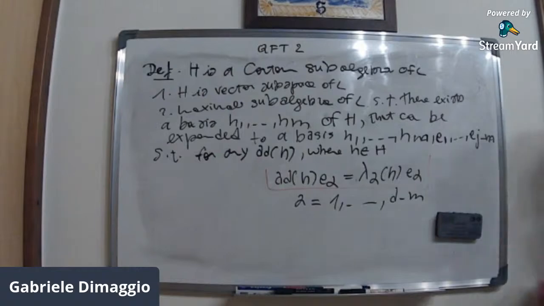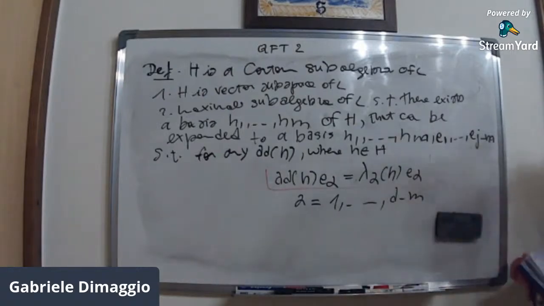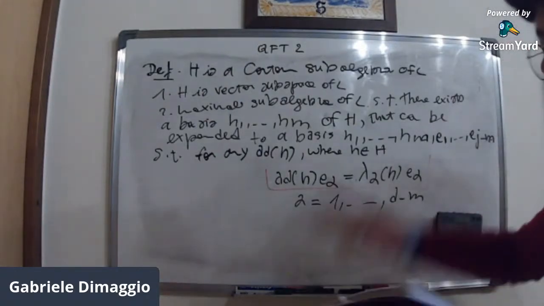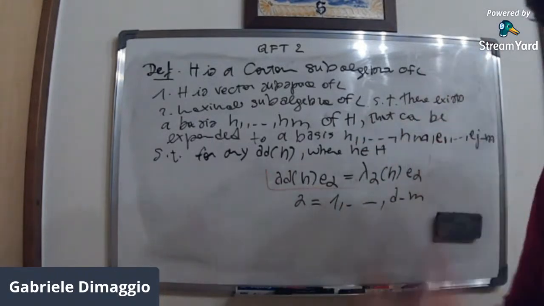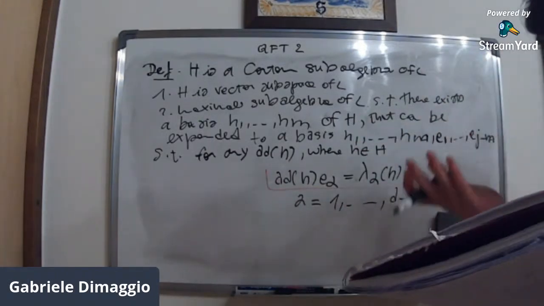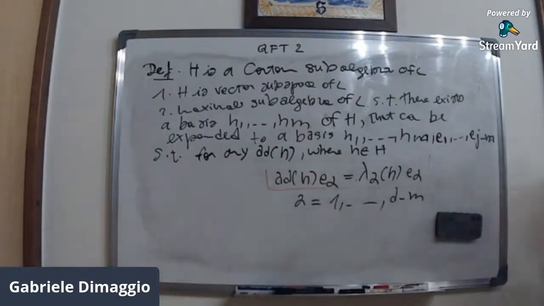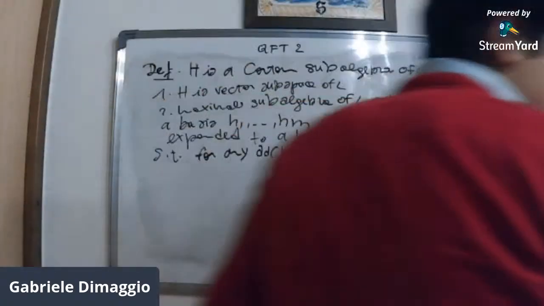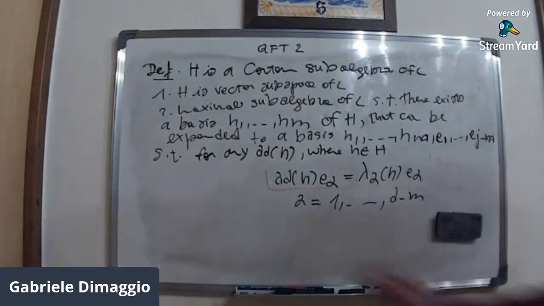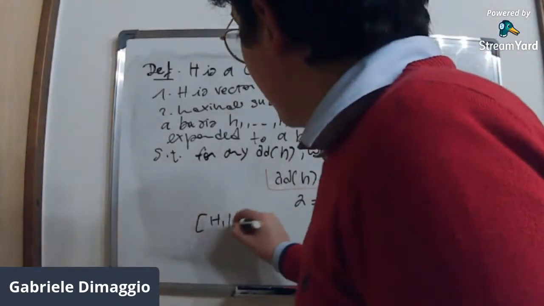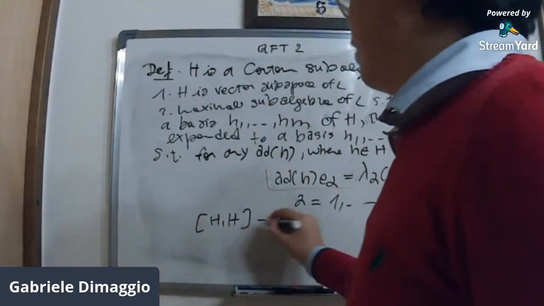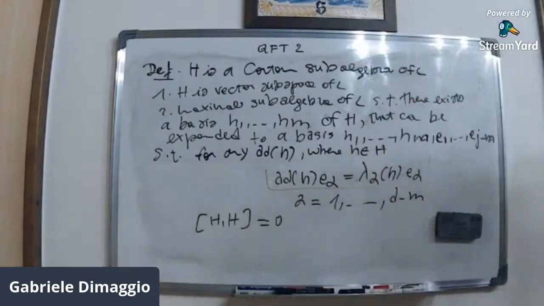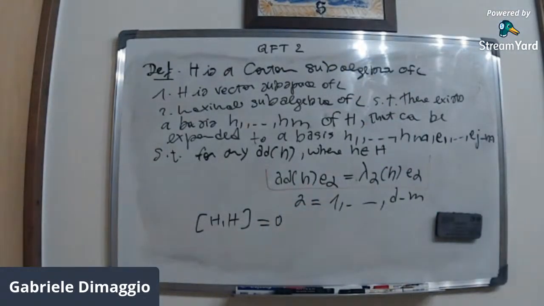And the important result is a theorem: any finite dimensional Lie algebra possesses a Cartan subalgebra. And if L is simple, attention, I have that the commutator of H is equal to 0. Perfect.